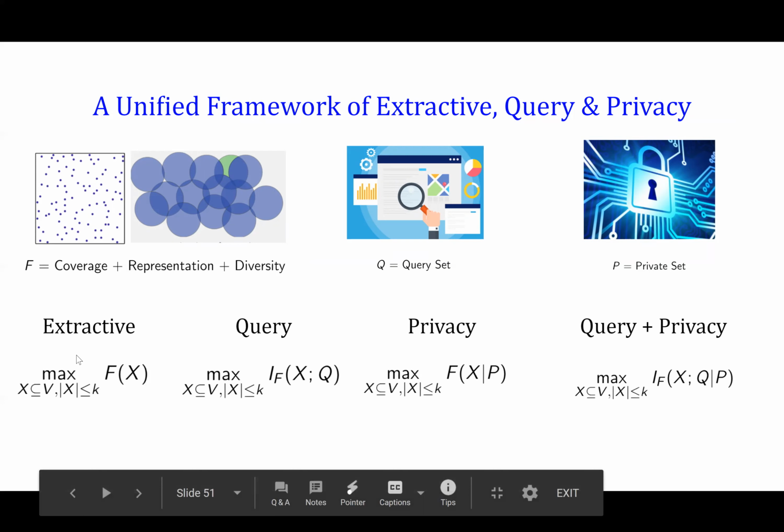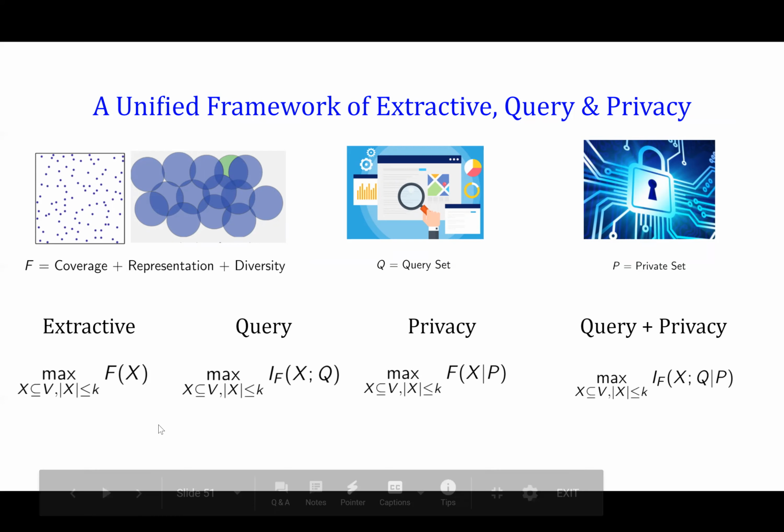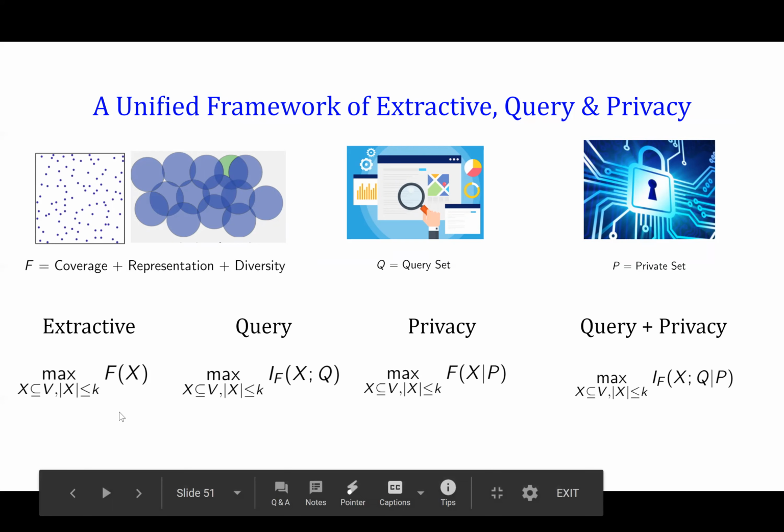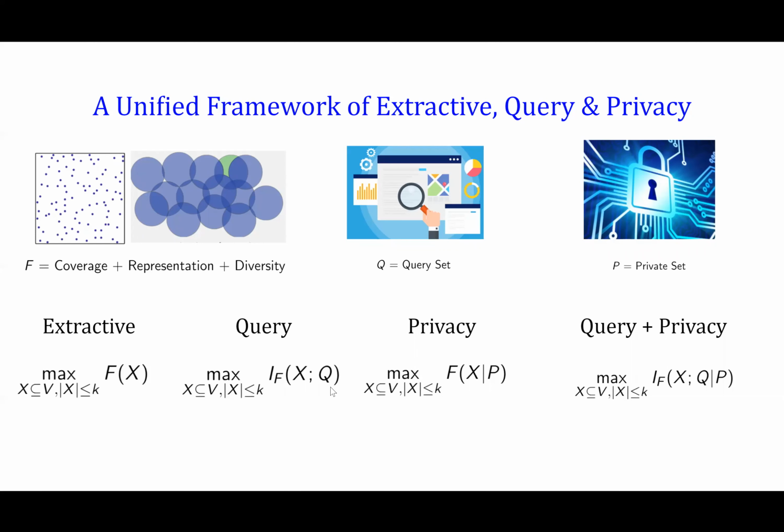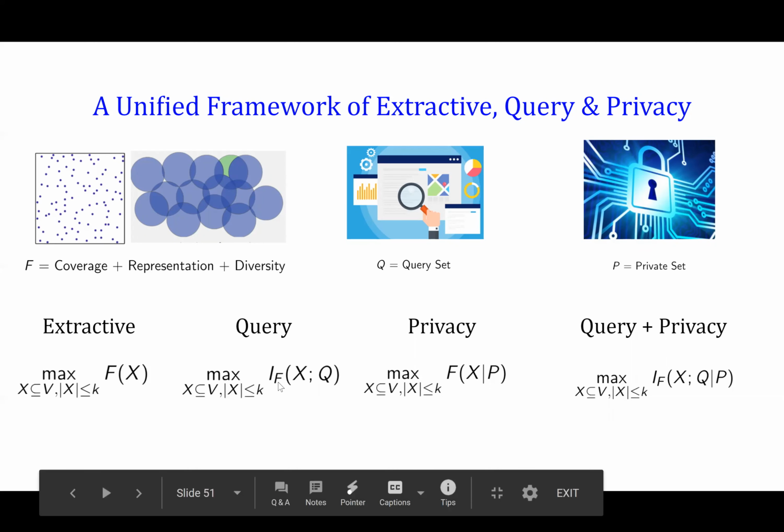You maximize this, you get a summary, and so on. This has been studied in several papers. The second is when you add one restriction on top of extractive: you want to make it related to the query, right? So you can pose this as maximizing the mutual information I_f(X; Q). This is again an optimization problem that involves the mutual information.